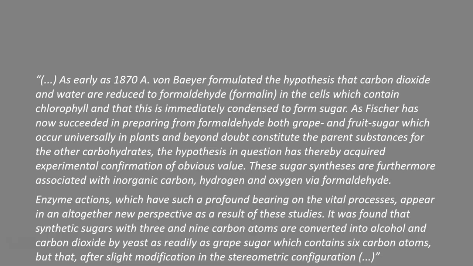And Fischer has now succeeded in preparing from formaldehyde both grape and fruit sugar, which occur universally in plants, and beyond that constitute the parent substances for the other carbohydrates. The hypothesis in question has thereby acquired experimental confirmation of obvious value.